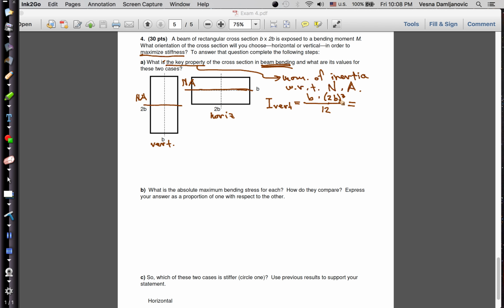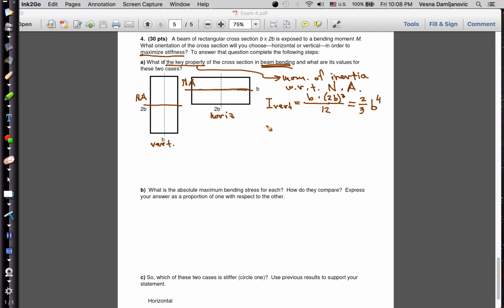So that's 2b to the third, the whole thing, both the 2 and the b are to the third. And when you sort this out, you get the value equal to 2 over 3 b to the fourth. Okay, so this is 2 times 2 is 4, times 2 is 8, divided by 12. Divide both by 4, so it's 2 over 3. So that's correct. Just double checking my numbers.